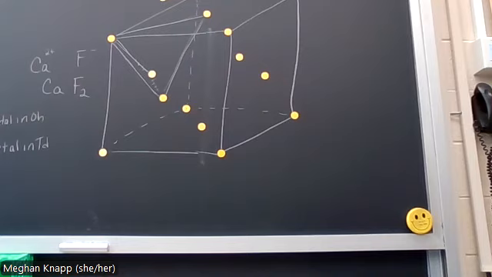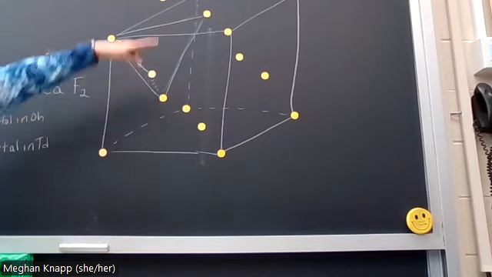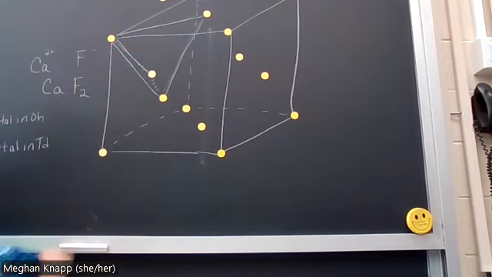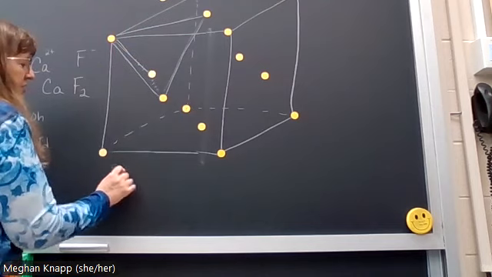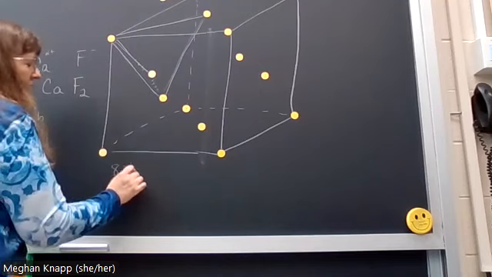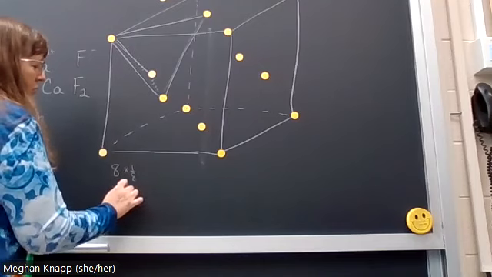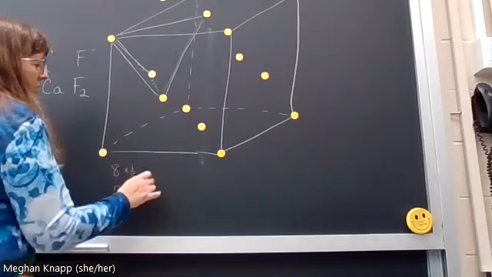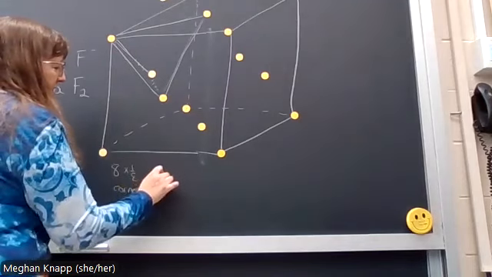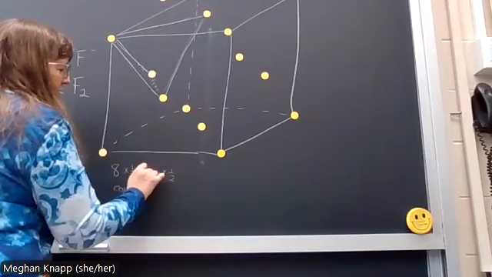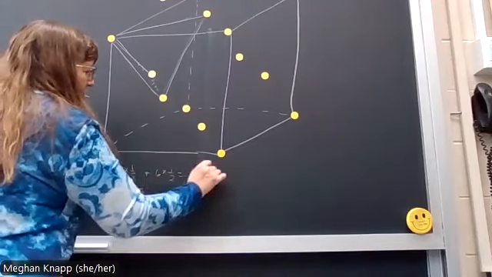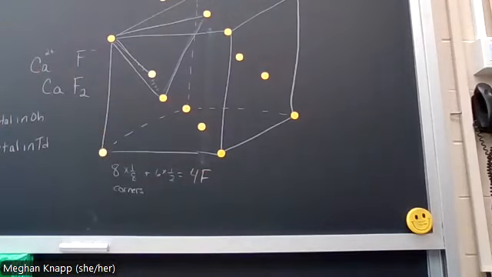The reason I have 4 fluorides, even though it looks like a lot more, is that I'm counting the 8 corners times 1/8, and the 6 faces times 1/2. So that gives me 4 fluorides. If I want to keep the ratio the same, how many calciums do I need? 2. Now the calciums are going to be in those tetrahedrons, which are entirely inside.